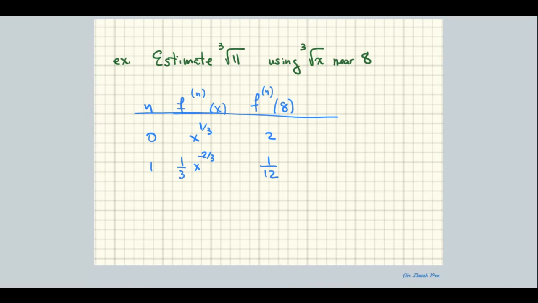Now, second derivative. N is 2 now. What's the second derivative, guys? Negative 2/9 x to the negative 5/3.